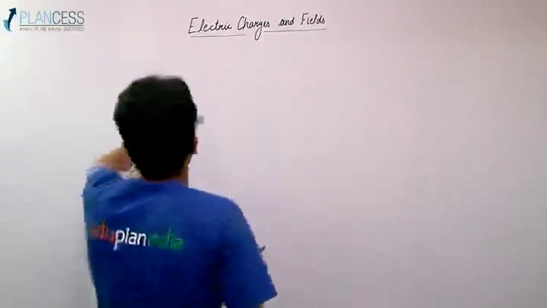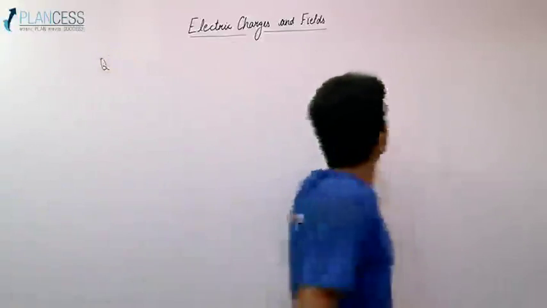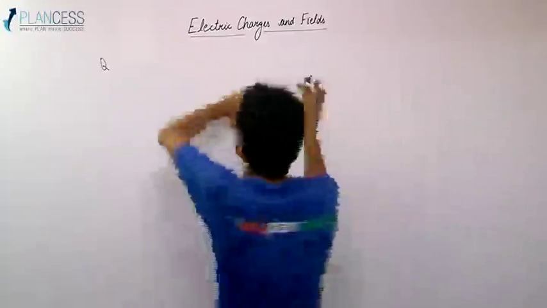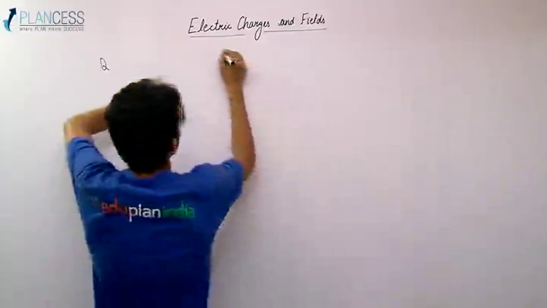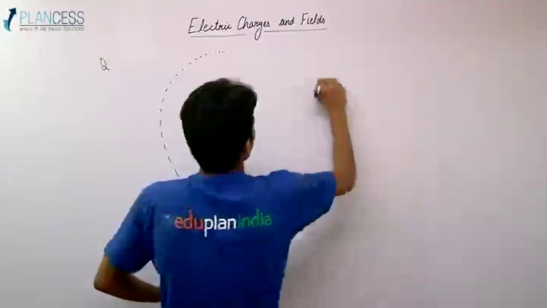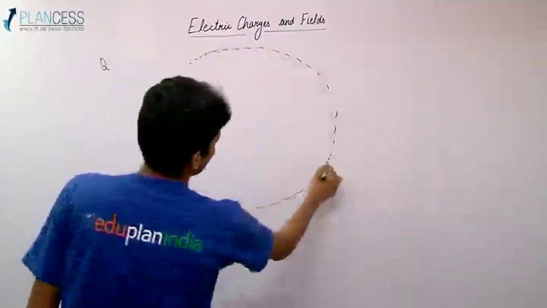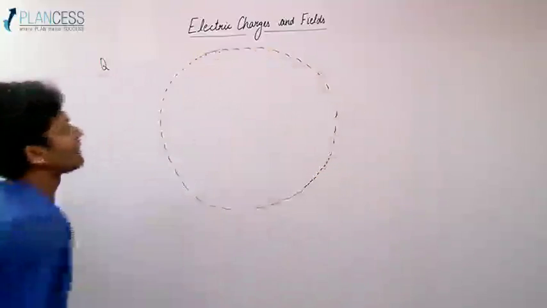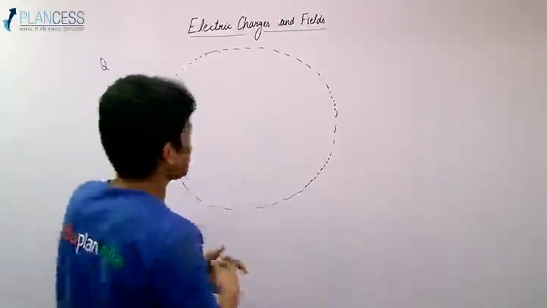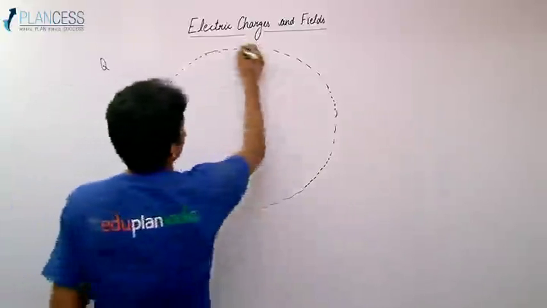This question says, let us design a question. So yeah, we can say that this is a circular path. Three charges are there of charge plus Q, let's say.